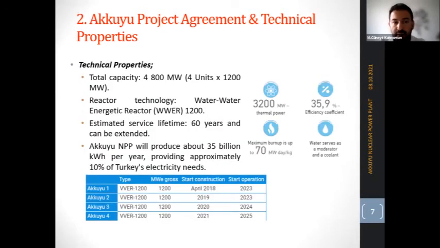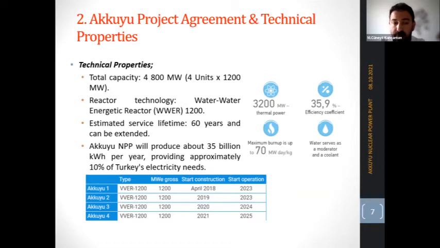So what about the technical properties? We talk about a project of 4 units, each of 1,200 megawatts electric, with a water-water energetic reactor. It means that the water is a moderator and at the same time a coolant. So what about the lifetime?